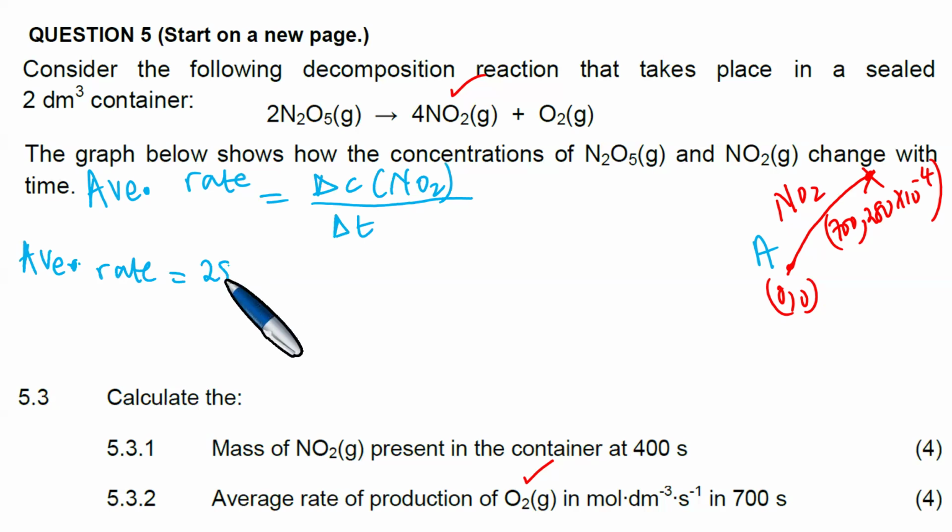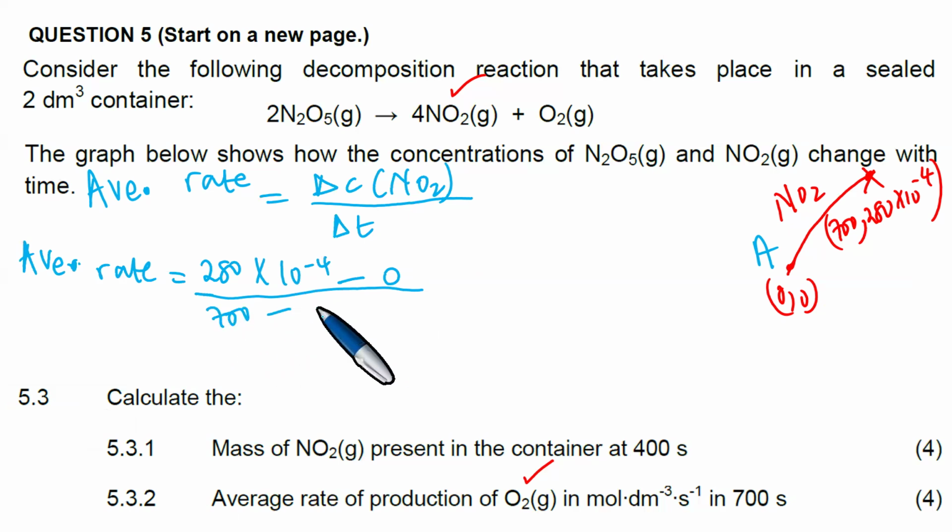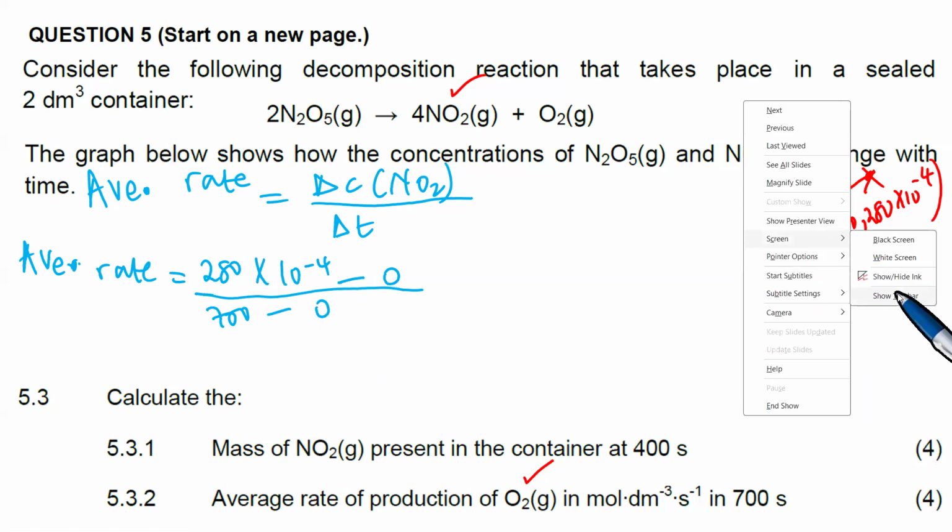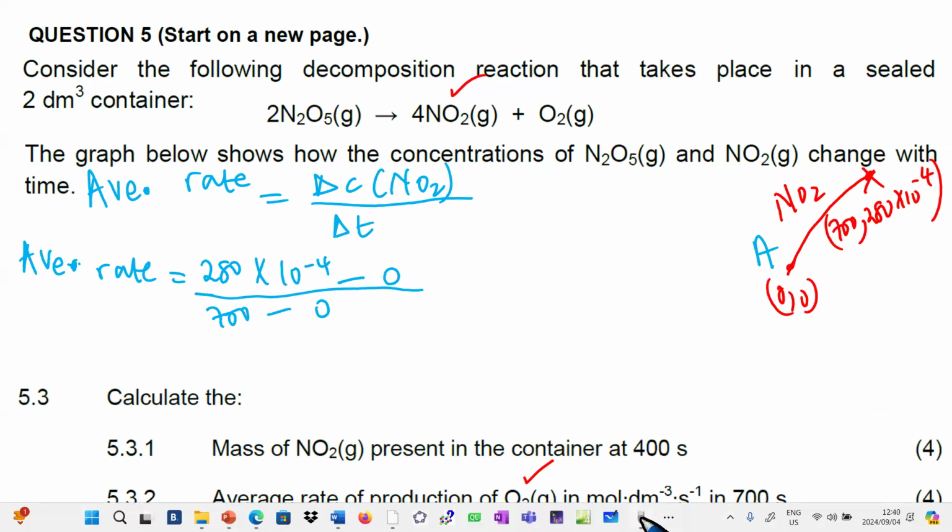It's going to be exactly 280 times 10 to the minus 4, which is this one minus 0, divided by the change in time, which is 700 minus 0. Because this graph starts from the origin and ends there, we just need to choose 2 points on the graph, but it's also possible to choose some points in the middle.